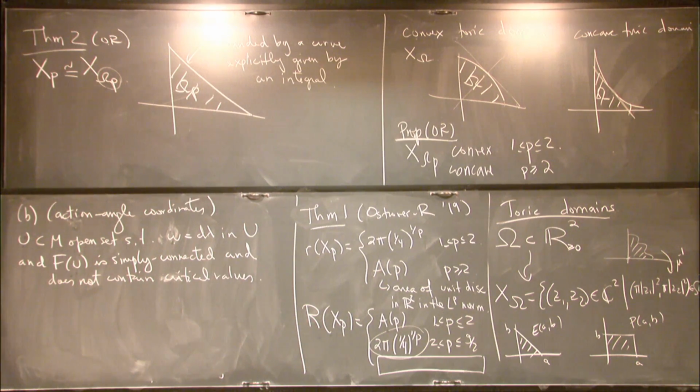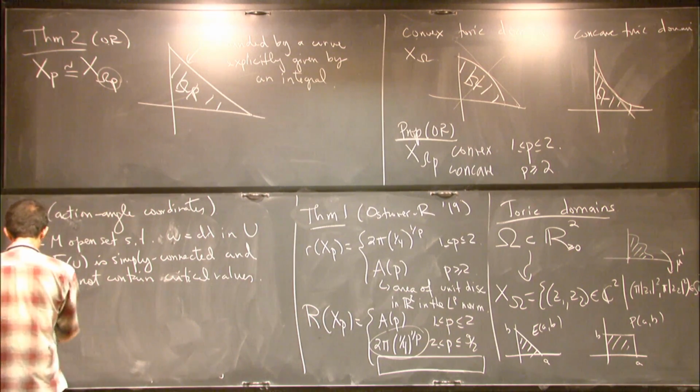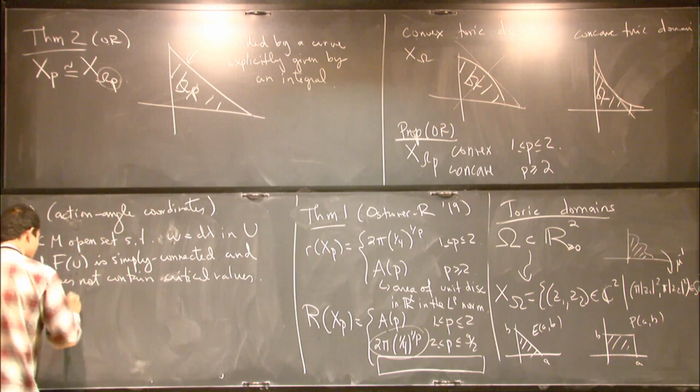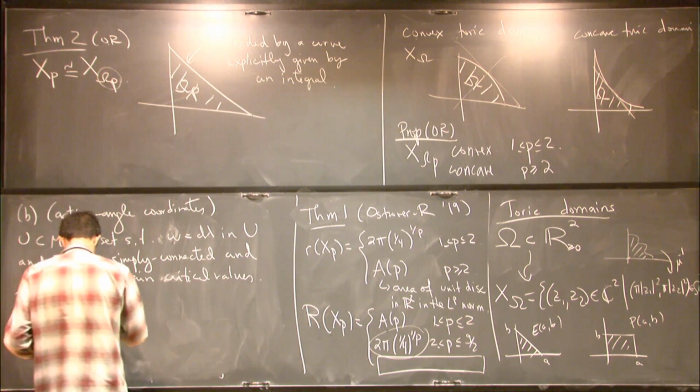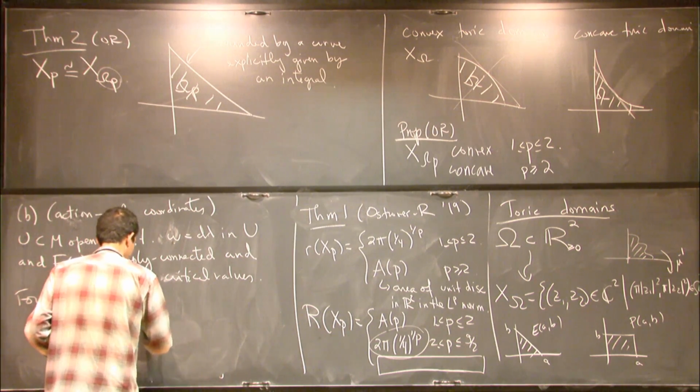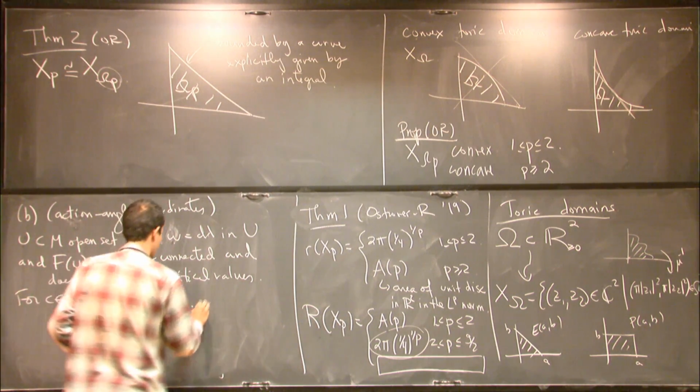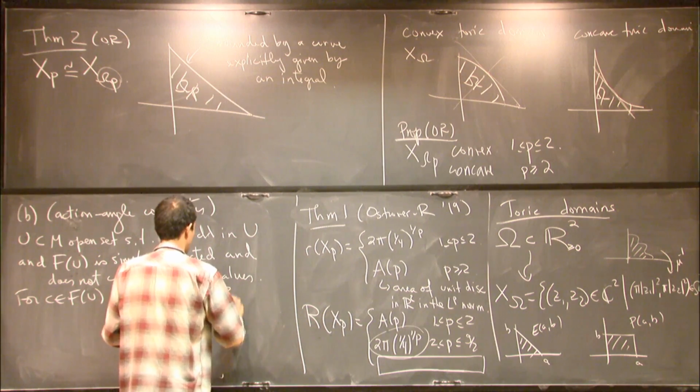which you can always do for a small enough u around the point, then we can choose, so for C in f of u, we can choose a family of curves. So I'm going to call them gamma 1 up to gamma n.